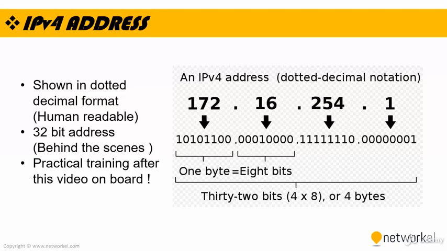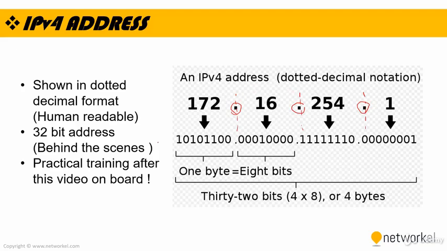IPv4 addresses are shown in dotted decimal format. As you can see in the picture, we have 4 portions of the IP address, and the portions are separated from each other with a dot. That's why we use dotted decimal format for IP addresses.